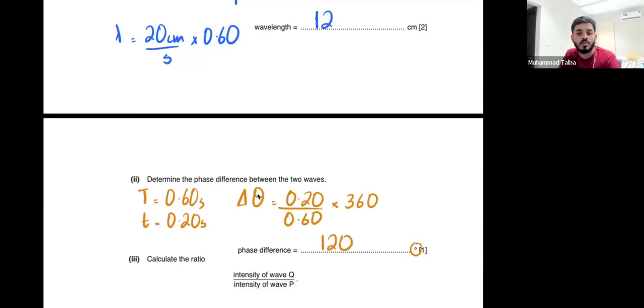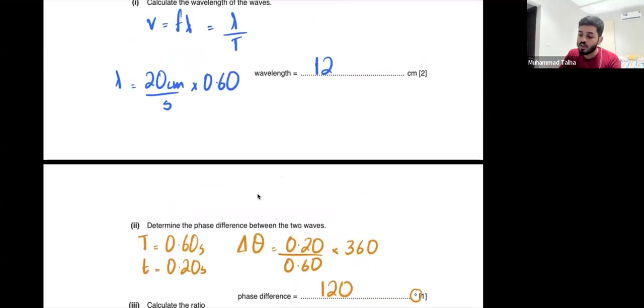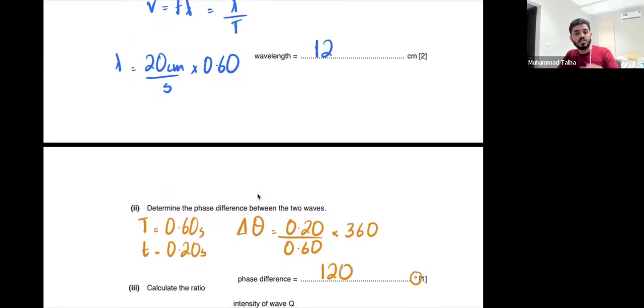Sometimes you might also be asked to do this given wavelengths. This could have also been a displacement-distance graph, and you could have gotten the wavelength exactly the same way that we got the time period. Then you see what distance they are apart. So distance over wavelength times 360 would be your phase difference.